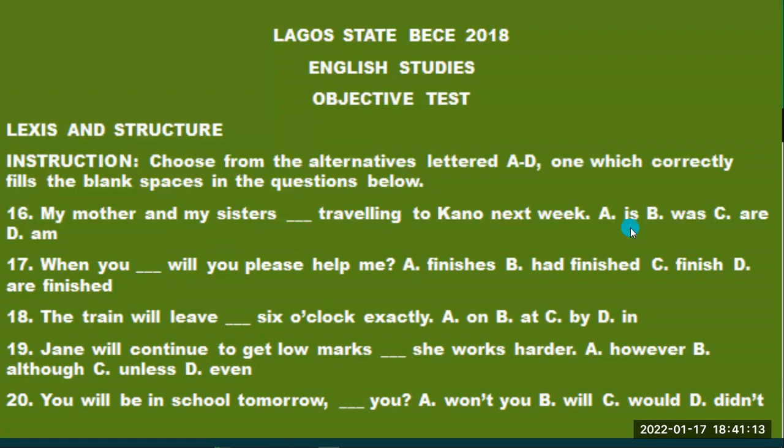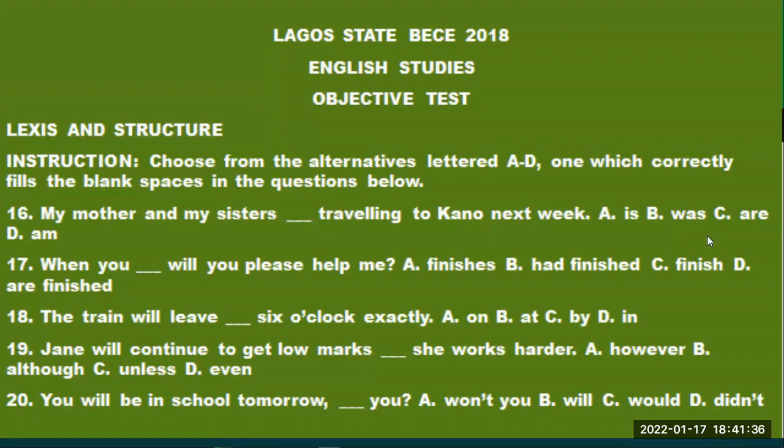Is a singular verb. That is why it can't fit in. Option B, was, is also a singular verb in the past tense. It doesn't fit in. C is a plural verb in the present tense, and it fits in here. My mother and my sisters are traveling to Kano next week.